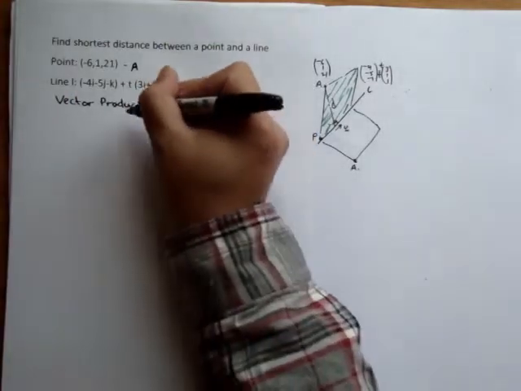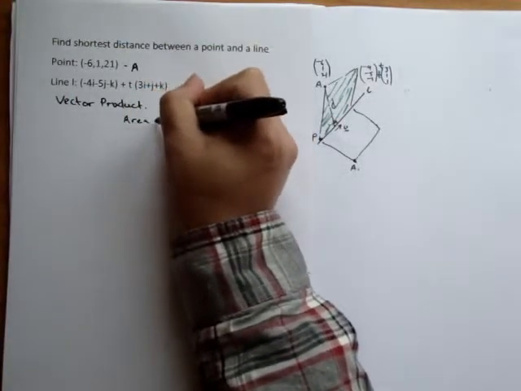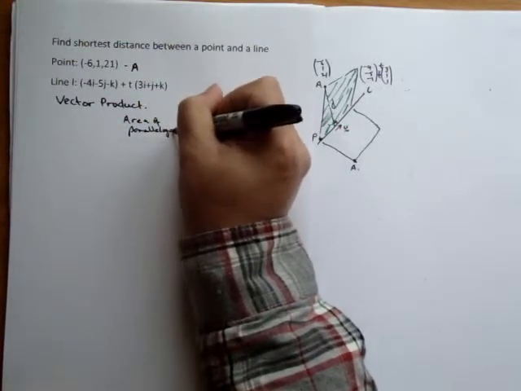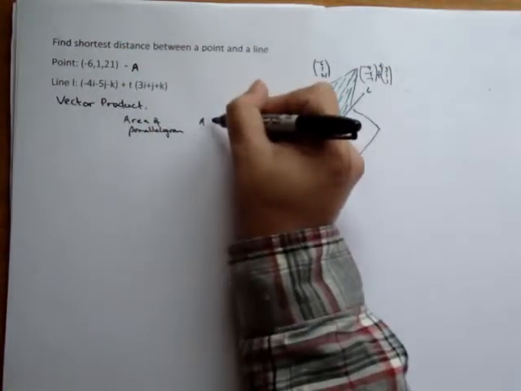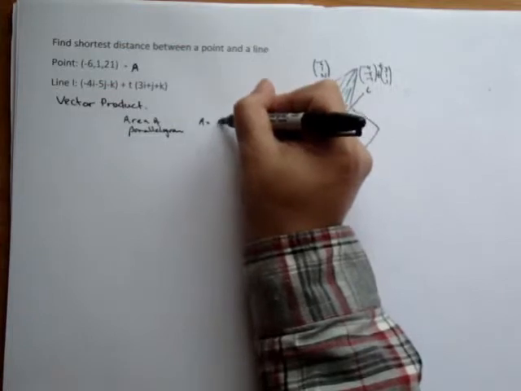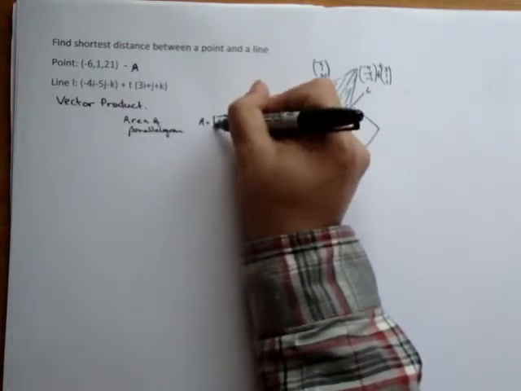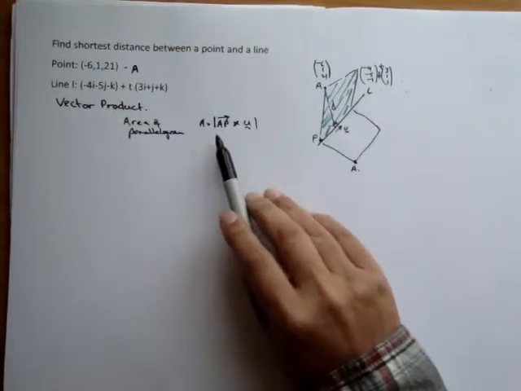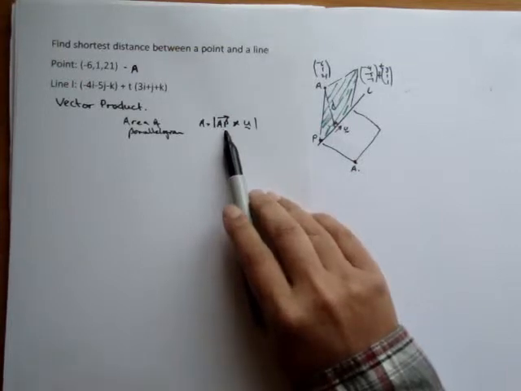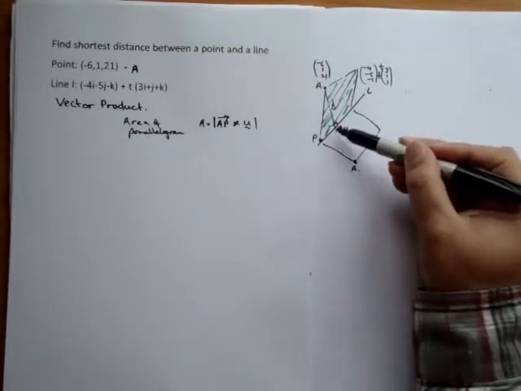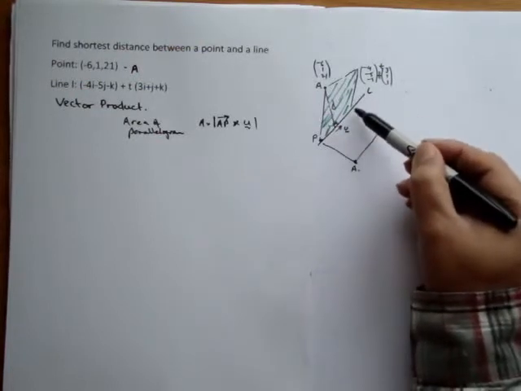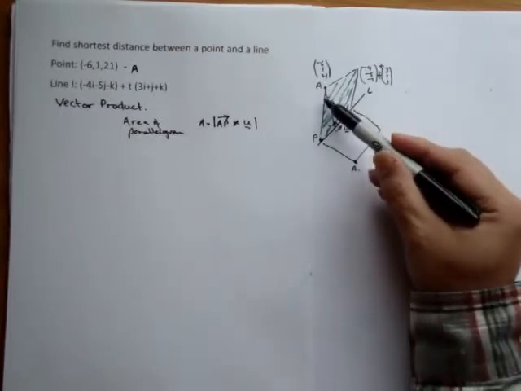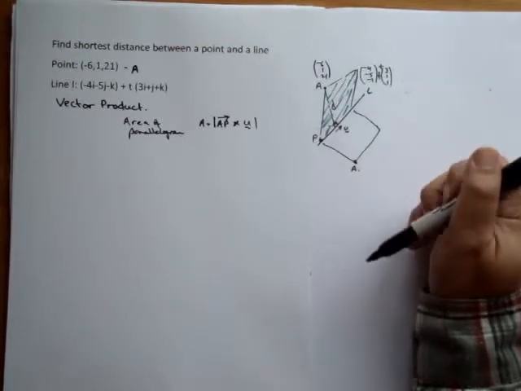So the vector product gives the area of a parallelogram. The area equals the magnitude of AP multiplied by u, that's the vector product. The magnitude of u, the direction vector, would be one side of the parallelogram and AP would be the other side.